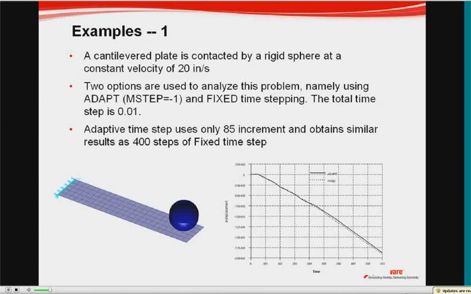From the right figure, you can see both of these decks result in very similar, maybe completely the same results. But with the adaptive time step, it only used 85 increments, while the fixed time step model used 400 steps. So compared with the fixed time step, the adaptive time step deck brings very efficient time control.